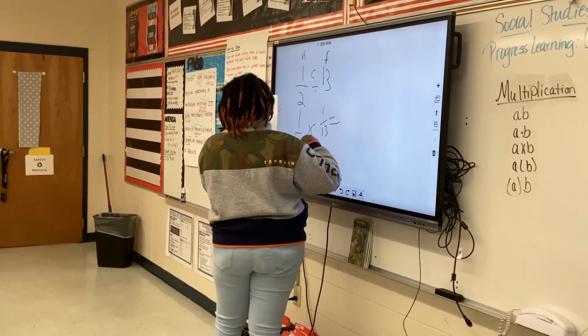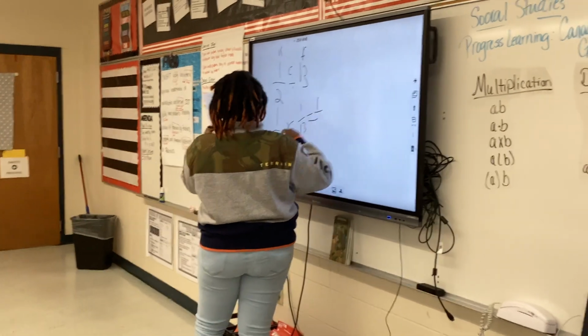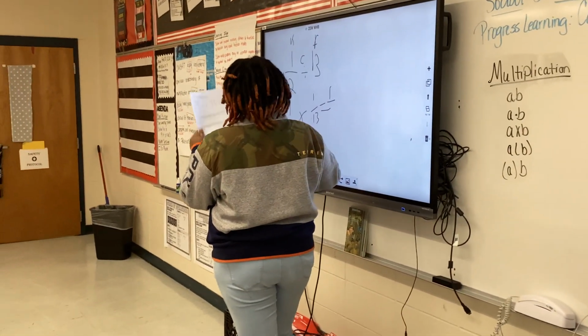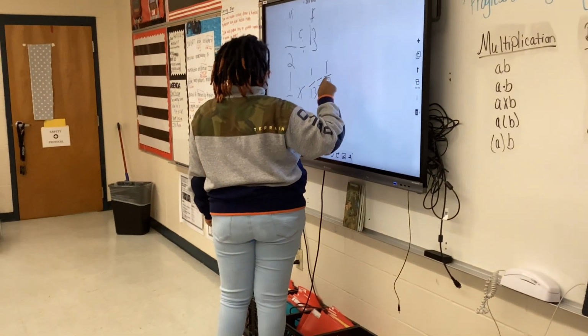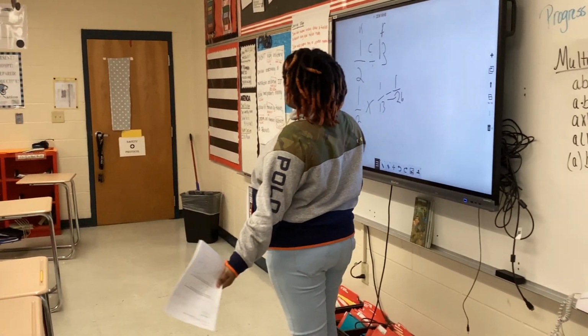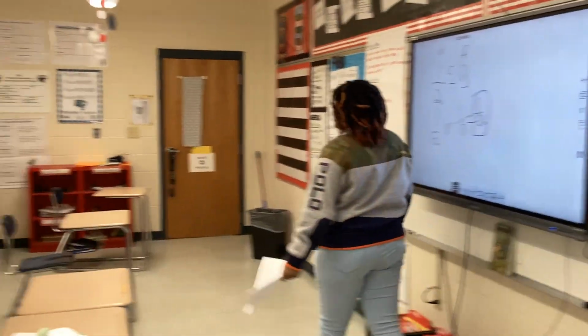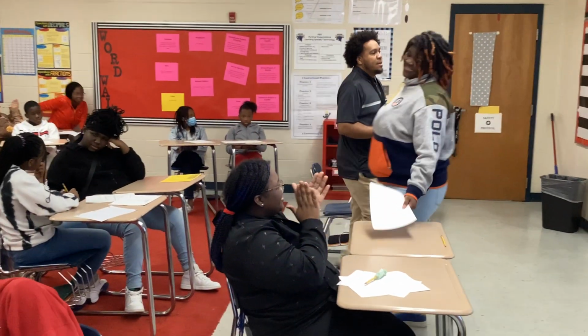I would do that 1 first. And then 1 times 1 is 1. And 2 times 13 is 26. Alright. Can we simplify this? No, we cannot simplify this, so this has to be the answer. Good job.